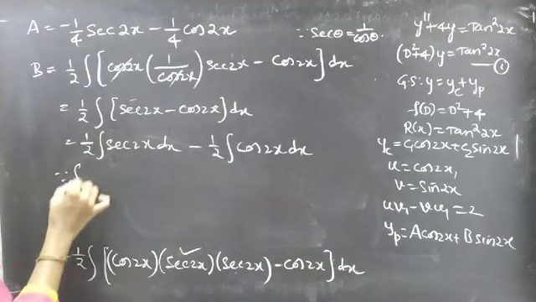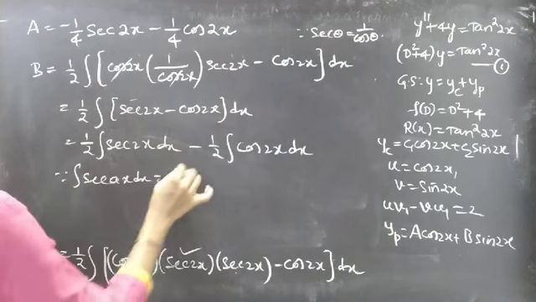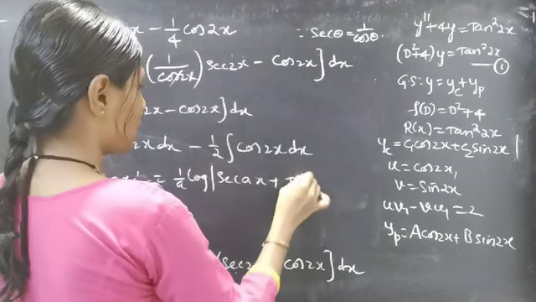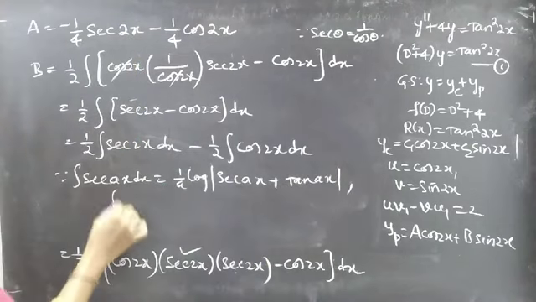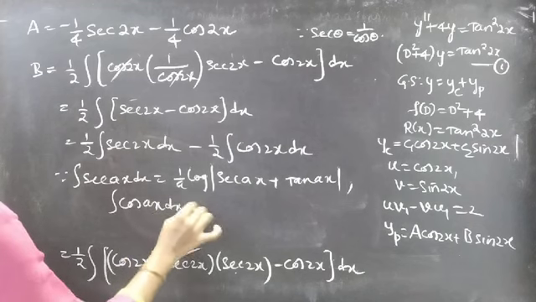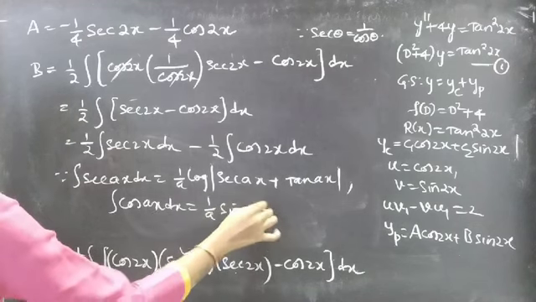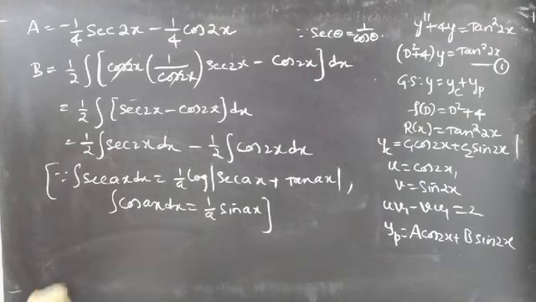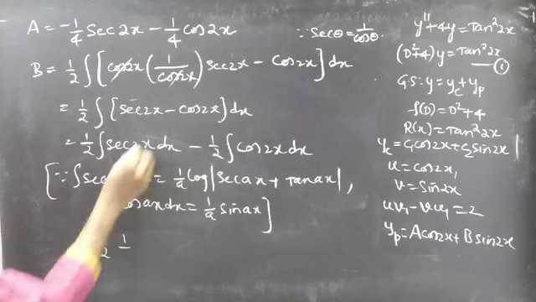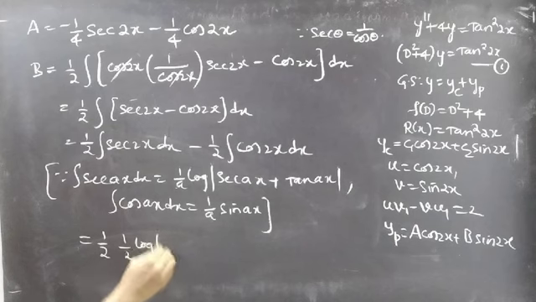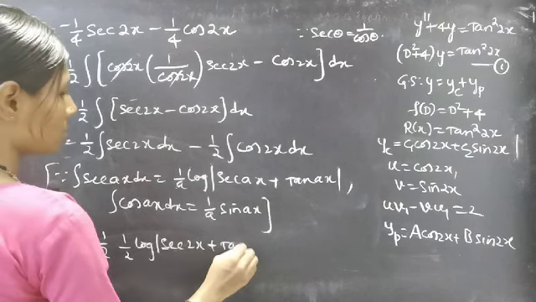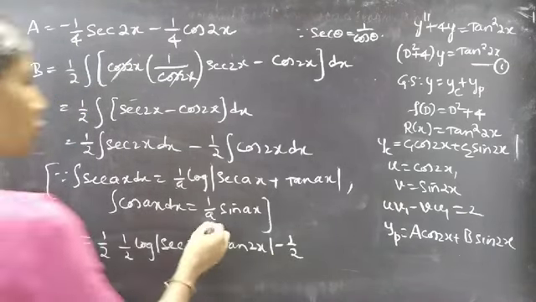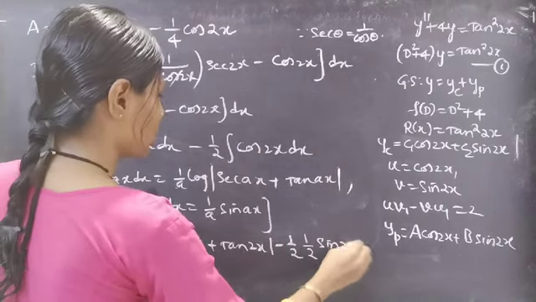Since we know that integral secant ax dx equals 1 by a log mod secant ax plus tan ax, and integral cos ax dx is 1 by a sin ax, now the above integral becomes 1 by 2 into, for a equal to 2, 1 by 2 into log mod secant 2x plus tan 2x, minus 1 by 2 into integral cos 2x dx, which for a equal to 2 gives 1 by 2 into sin 2x.